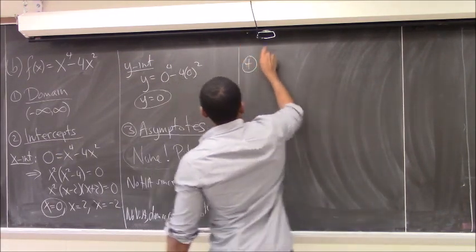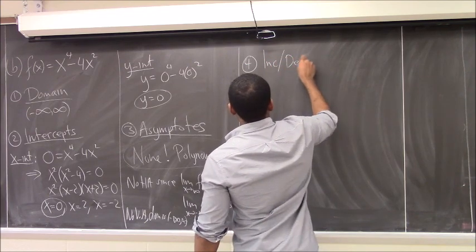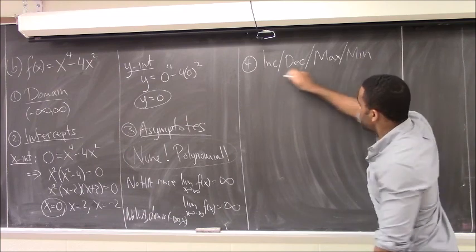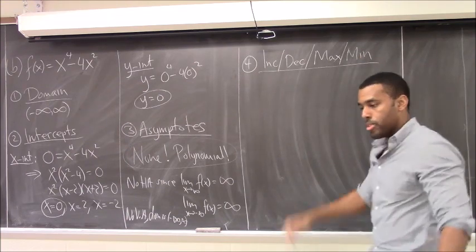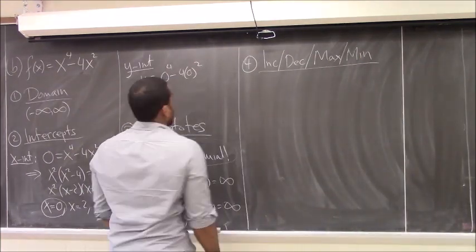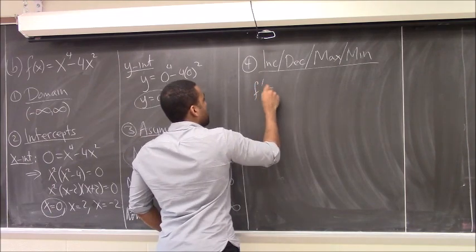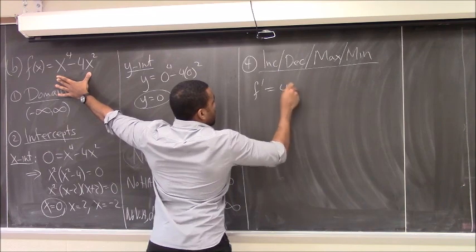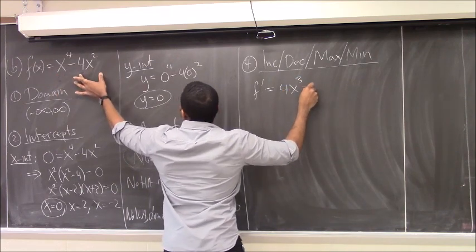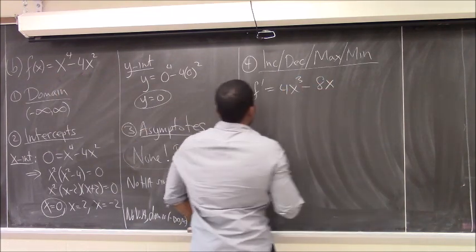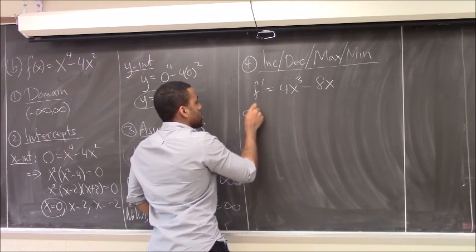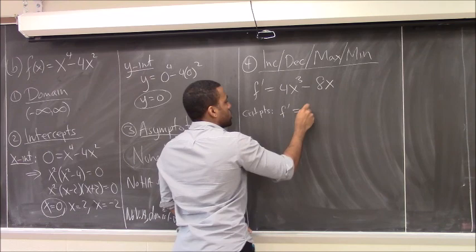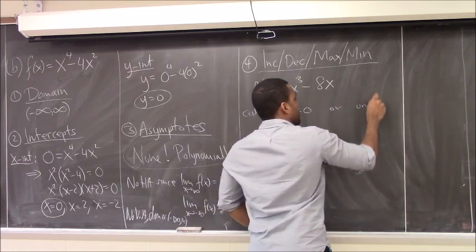Fourth thing: increasing, decreasing, maximums, minimums. We find all four things together because they all come from the first derivative. So what we're going to do is find f prime. What is f prime here? Now we need to find critical points. You said f prime equals 0 or undefined.